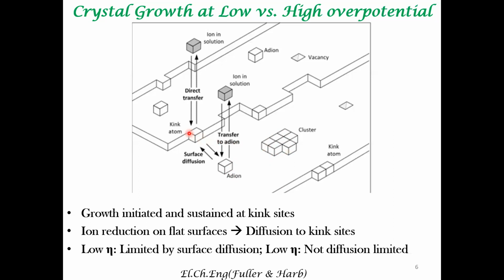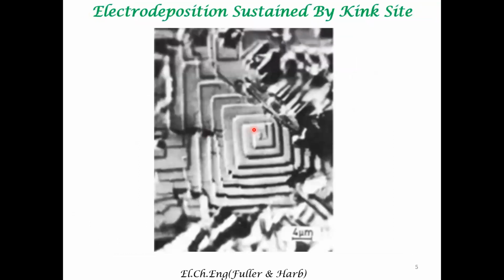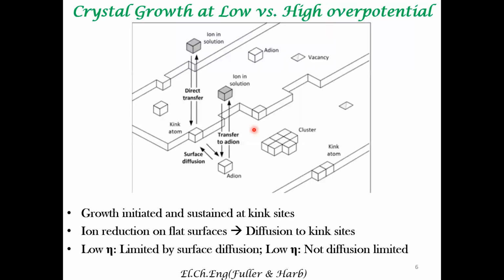The morphology at low potential is different from the morphology obtained at high overpotential. The morphology at low overpotential is something like this, typically because crystal growth or electrodeposition is initiated at the kink site and sustained by a kink site.